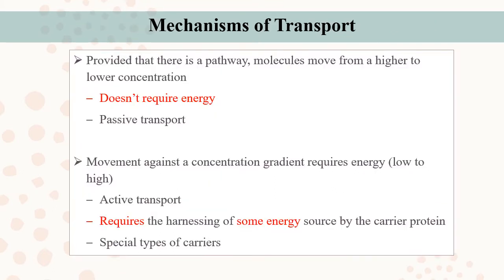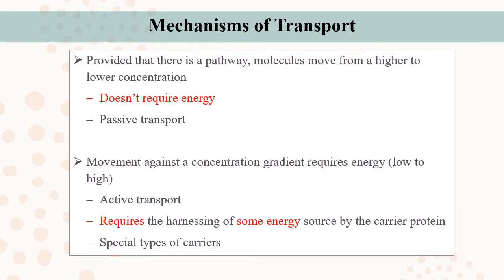To carry the molecules which cannot pass through the membrane easily, there are some mechanisms by which the molecules can pass through the membrane. In one mechanism, the molecules move from a higher concentration to a lower concentration.